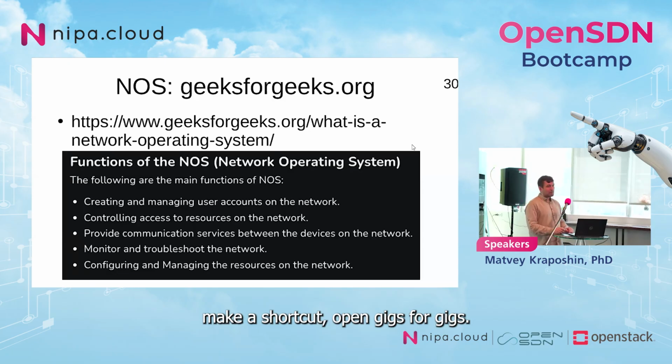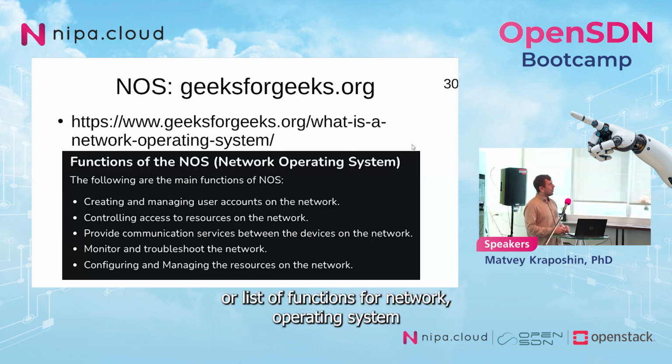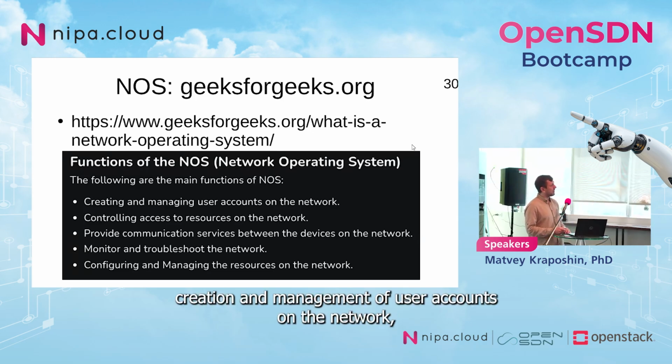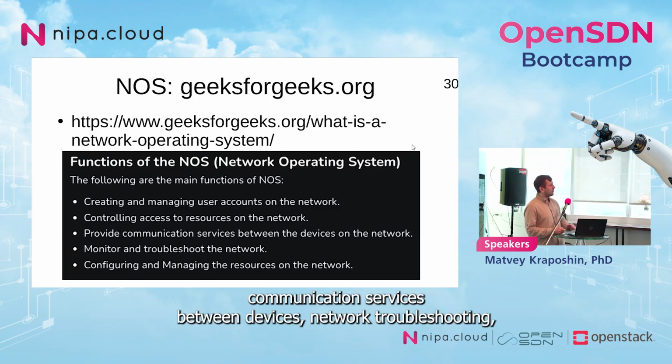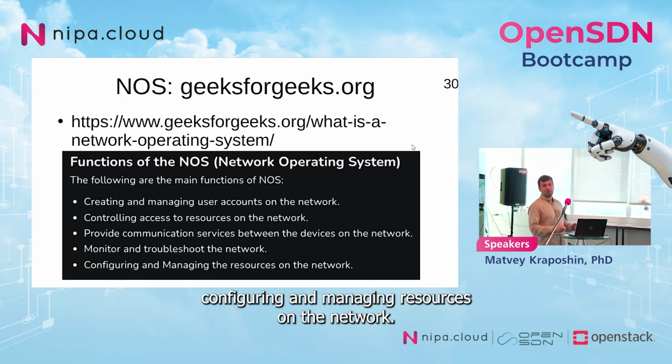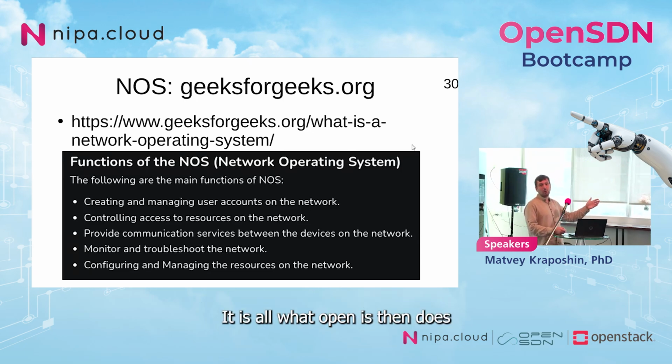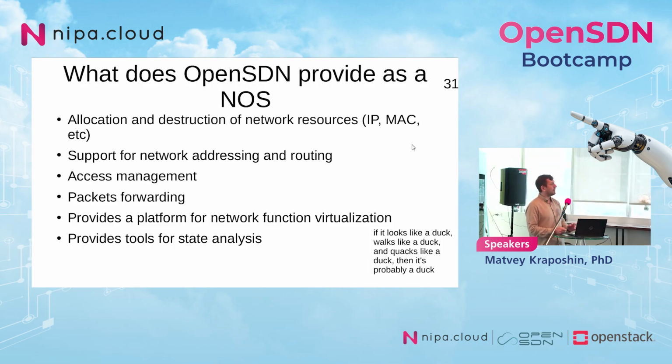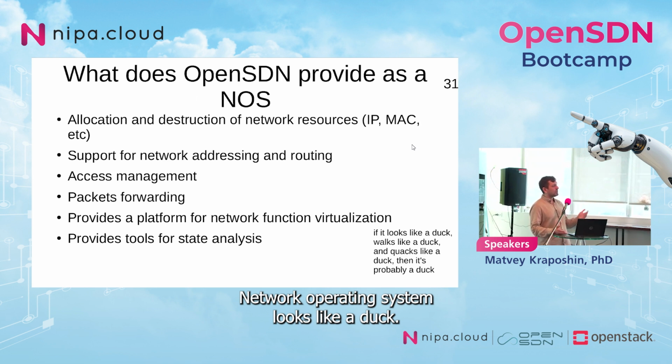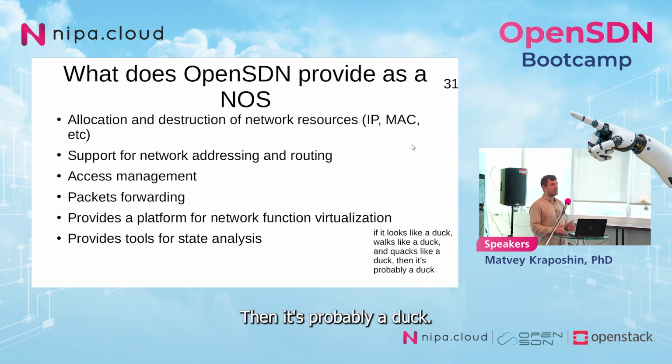Or you can make a shortcut, open Gigs for Gigs, and they also give a great description, a list of functions for a network operating system: creation and management of user accounts on the network, controlling access to resources on the network, communication services between devices on the network, troubleshooting, configuring and managing resources on the network. It is all what OpenSDN does. Therefore, it is a network operating system. Looks like a duck, walks like a duck, then it's probably a duck.